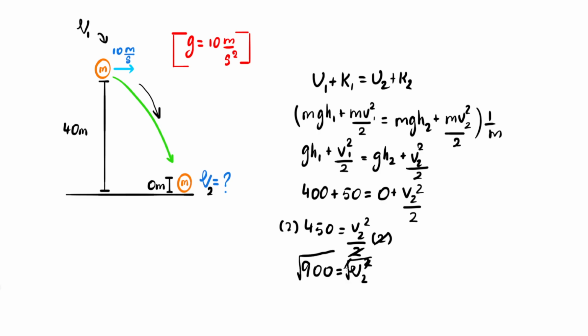Square and root get cancelled out, so we are left with the variable we need to find, and the square root of 900 is 30. You might say there is minus 30, but speed is only positive, so we reject the minus value. So v2 is equal to 30 meters per second. That is the answer.